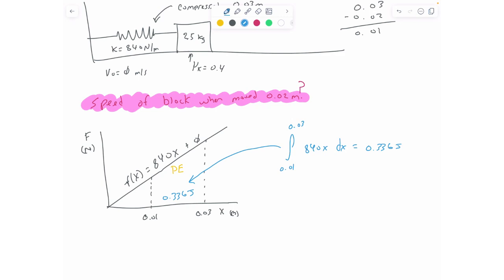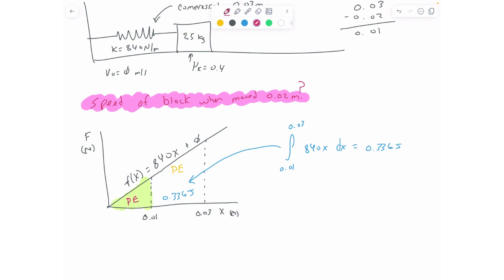Now this energy has been released. What's going to happen to it? It's no longer potential energy. It did have potential energy, and there is leftover potential energy, this right here. This is still potential energy because it's still stored.